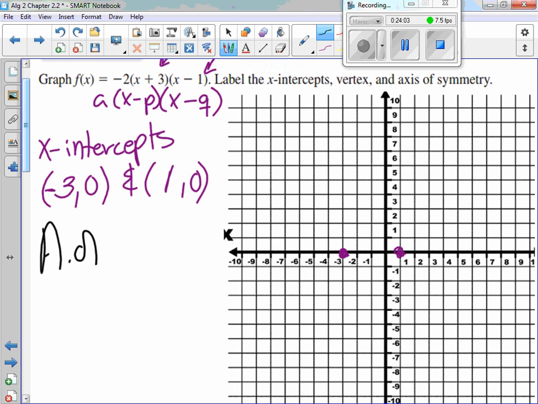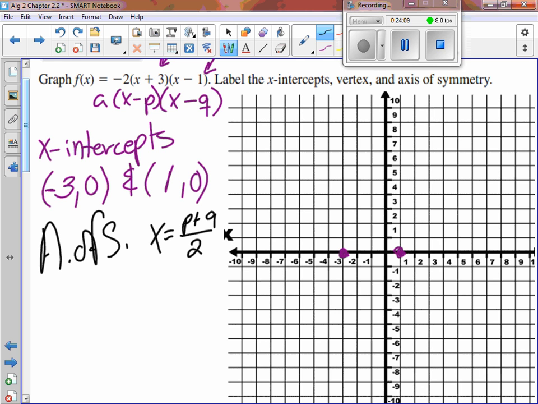We can do the axis of symmetry next, because it says x is equal to P plus Q over 2. Well, we've already found the values of P and Q. They're the 2 intercepts.